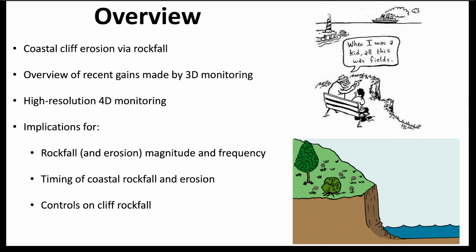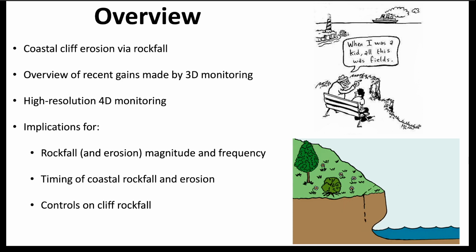So in my presentation today, I want to focus on the erosion of hard rock coastal cliffs via the process of rockfall. The erosion of hard rock cliffed coastlines has typically been monitored using repeat sequential aerial photographs or historical map data, trying to delimit the position of the cliff edge through time and from that derive an erosion rate.